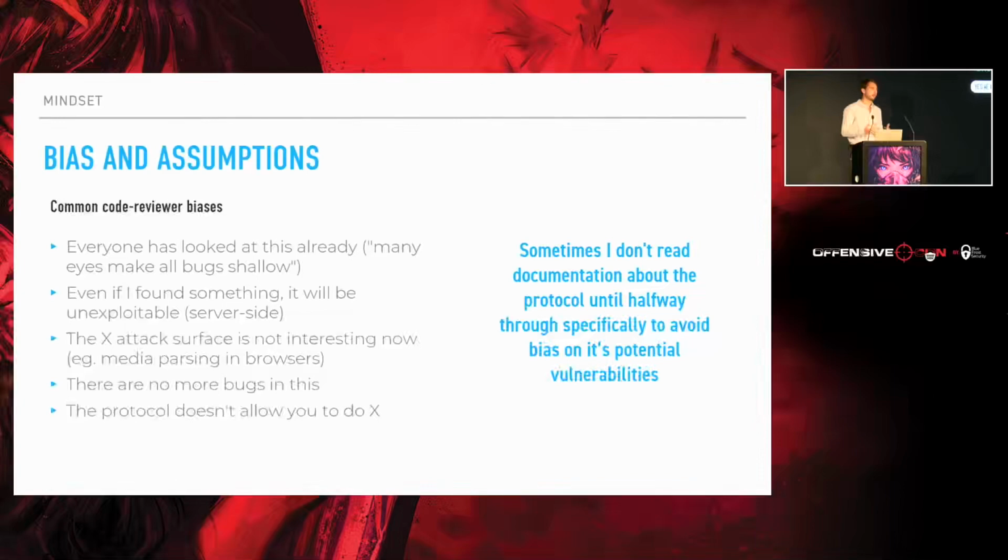And it's kind of surprising that a program can do it. And it hadn't occurred to me because I was too stupid to know how to use the protocol properly. And so I now specifically do that to avoid the bias, and then go and read it halfway through to resolve the ambiguities that I didn't quite understand when I was reading the code.